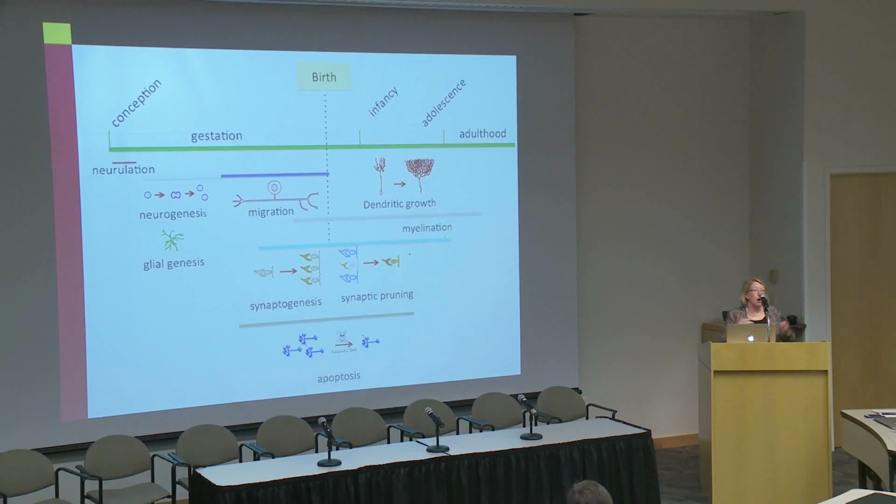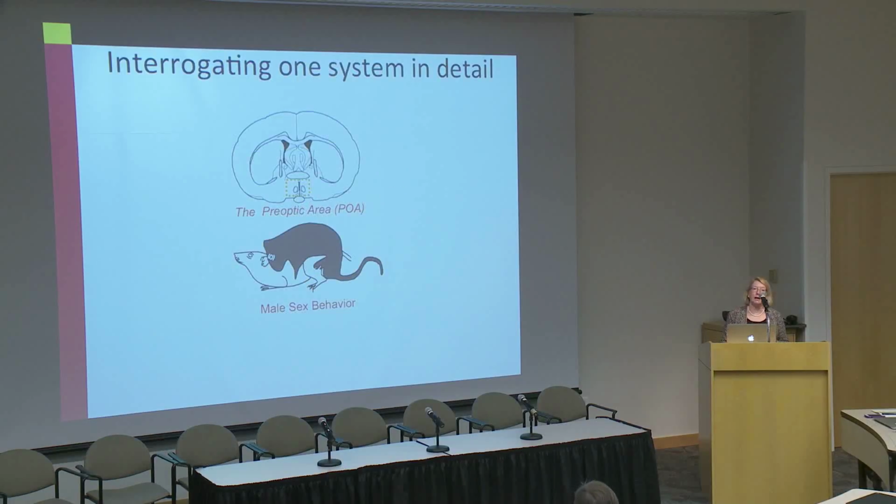We could spend the whole rest of the day going through examples of all of these amazing effects on brain development. But instead, what I want to do is interrogate one system in great detail.